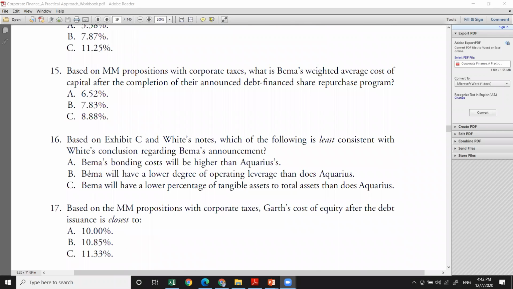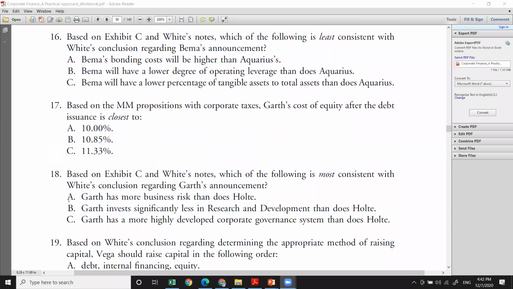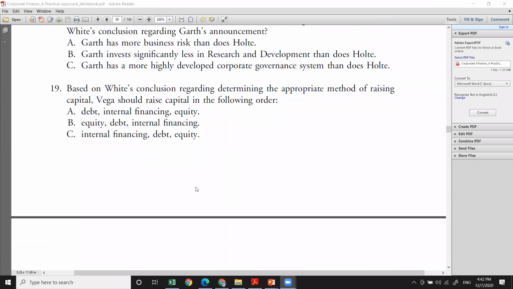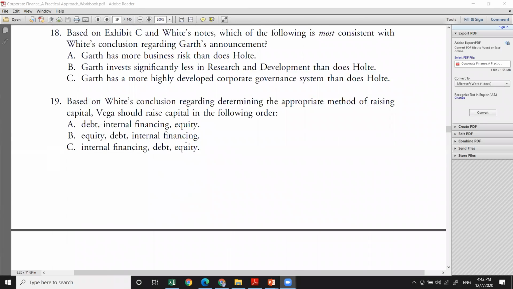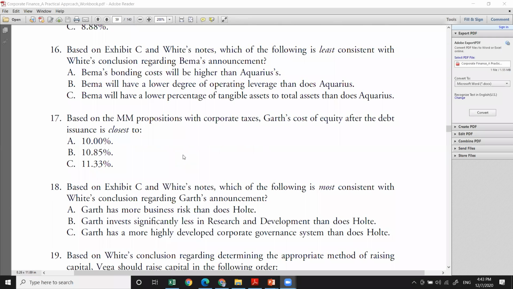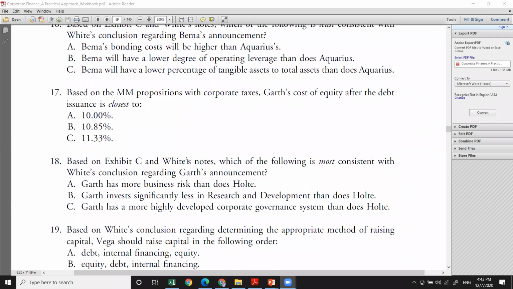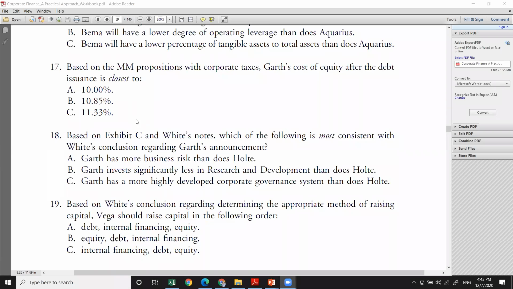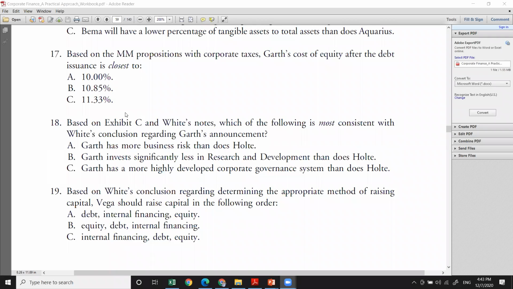It's solved in the same way. Questions 16, 18, and 19 are theoretical ones. I'm leaving them on your shoulders. You can manage it. If you have any questions, feel free to ask me. But I would like to move to the next chapter, dividend and share repurchases.